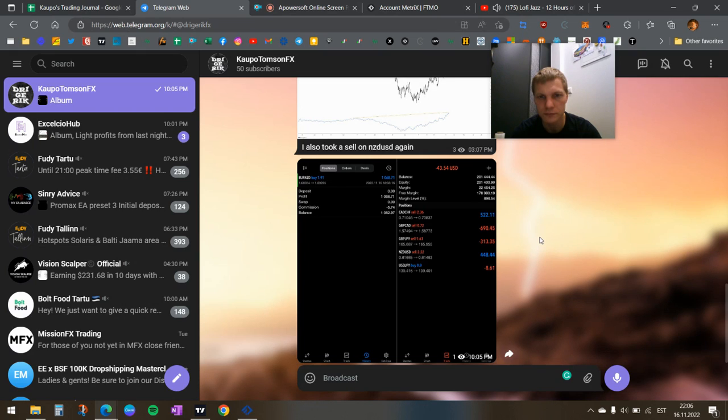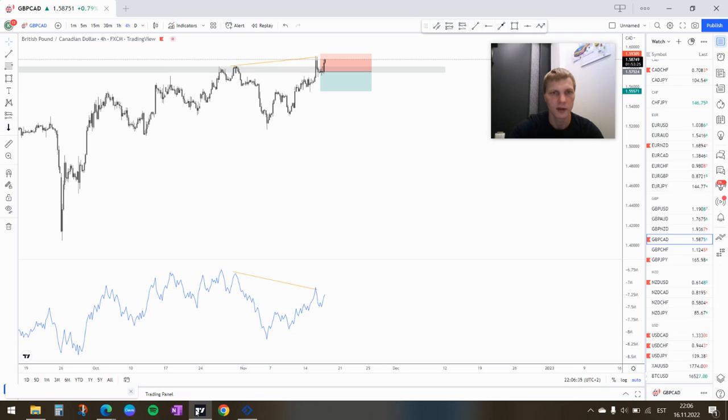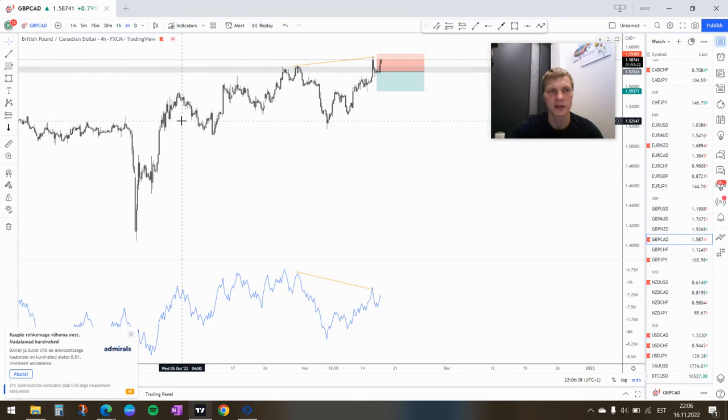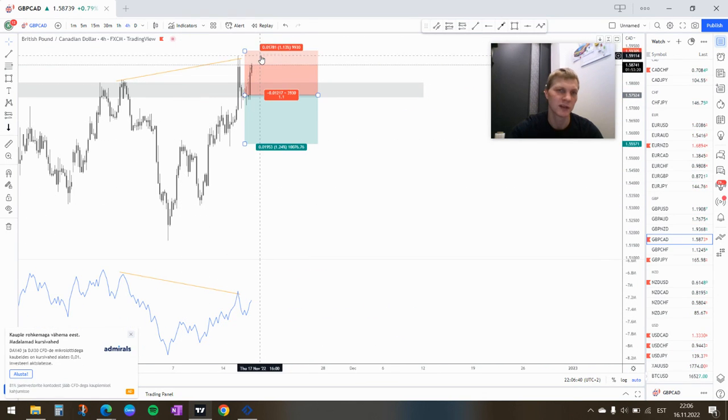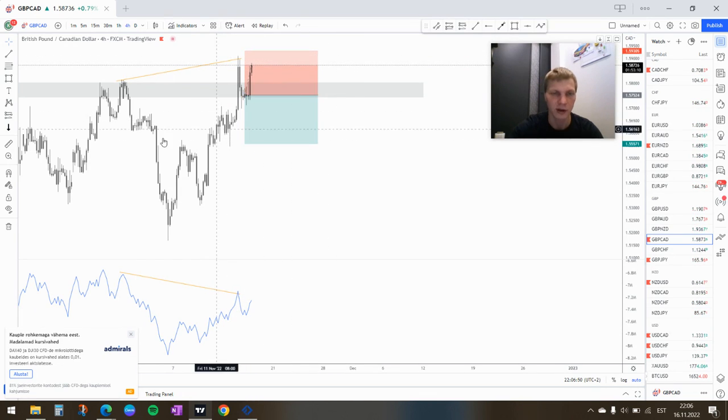So GBP CHF, I talked about GBP CAD, GJ is next, right? So yeah, let's see what it does. I wouldn't be surprised if it stopped out and then dropped, but there have been occasions when it goes to the exact recent high and then drops, so might be okay.